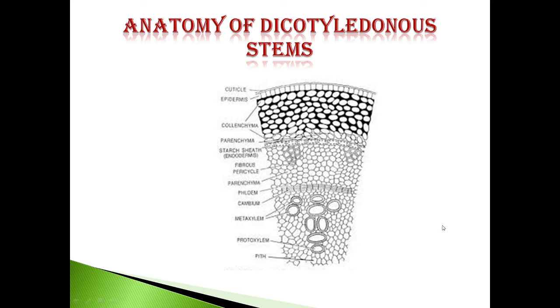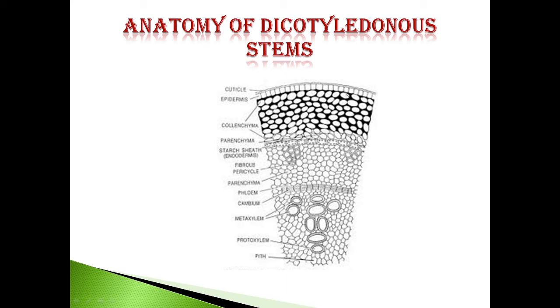Generally, the part of the cortex situated between the epidermis and endodermis is divided into two zones, that is the collenchyma and the parenchymatous region.